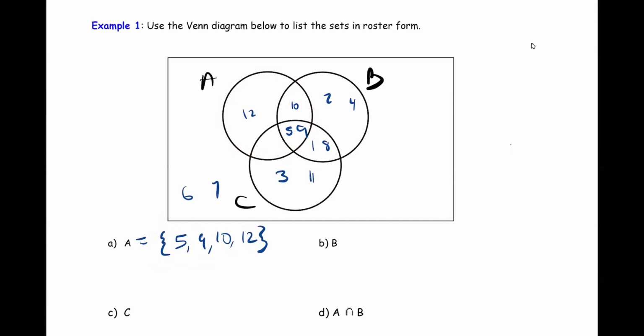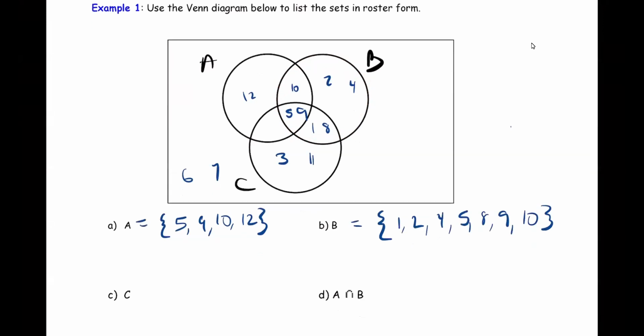All right, what would be in set B then? 2, 4, 10, 5, 9, 1, and 8. Yeah, everything inside this circle right here would be part of that set. So very good. I'm going to write it from lowest to highest, but it doesn't matter. 1, 2, 4, 5, 8, 9, 10.